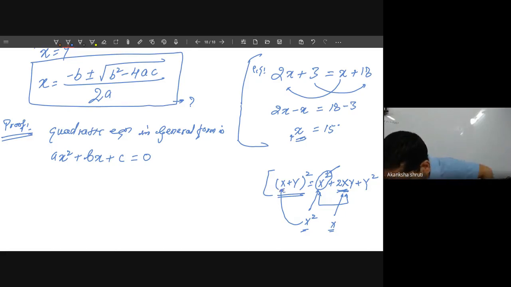Even though there is a distribution, x square and x, quadratic and linear, that may be combined to one position, but that combination needs converting this into the form of x plus y whole square. So the ultimate purpose of this method is to combine this x together at a single point.